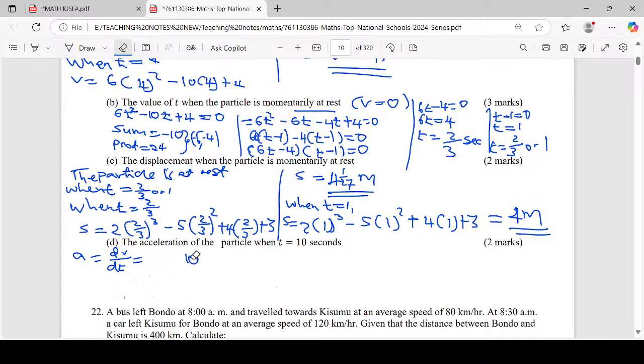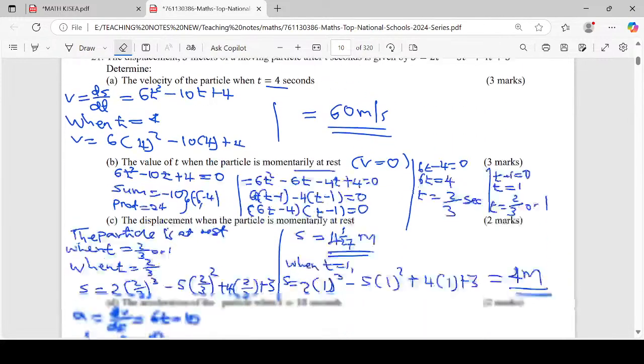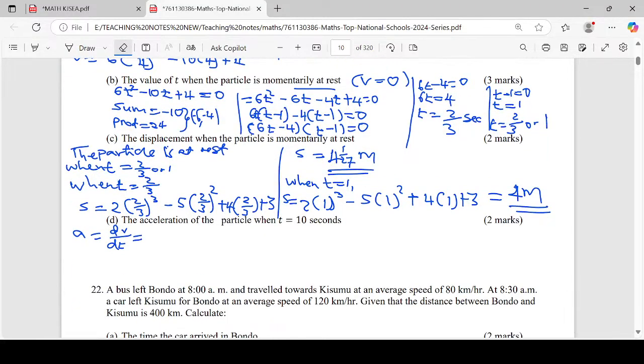When you differentiate velocity, the equation for velocity was 6t squared minus 10t plus 4. Differentiating, you drop the power down, so 2 times 6 makes it to be 12t. Then minus 10. That's how we differentiate that equation.